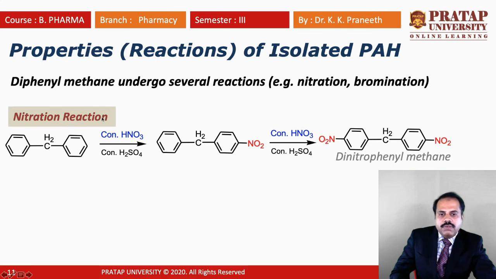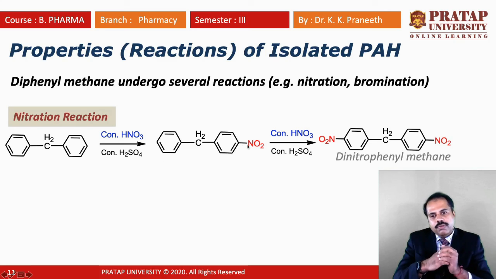The nitration reaction we already know, we need concentrated nitric acid. So, if you take diphenyl methane plus concentrated nitric acid in the presence of sulfuric acid as a catalyst, what will happen? We will get a nitro substituted diphenyl methane, with a nitro group attached here, or we can also say this is a mononitro diphenyl methane because it has one nitro group.